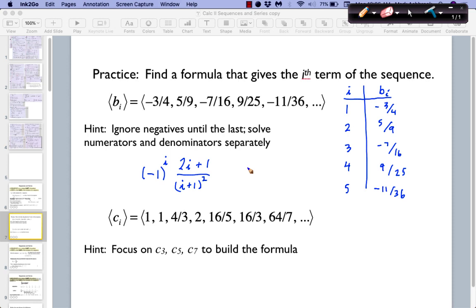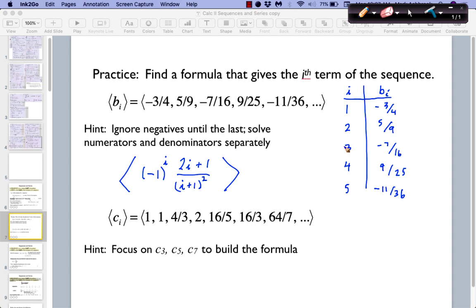But if you multiply it together an even number of times, you get +1. It works. That's the most common way to do it. This is what's called an alternating sequence. Alternating means it alternates positive, negative, positive, negative.